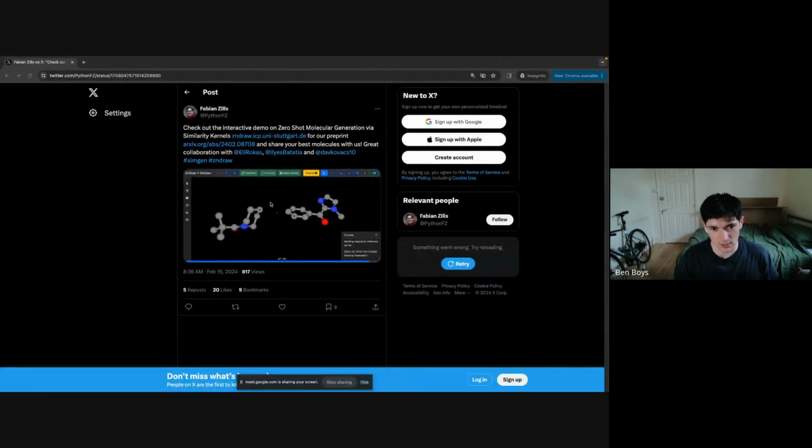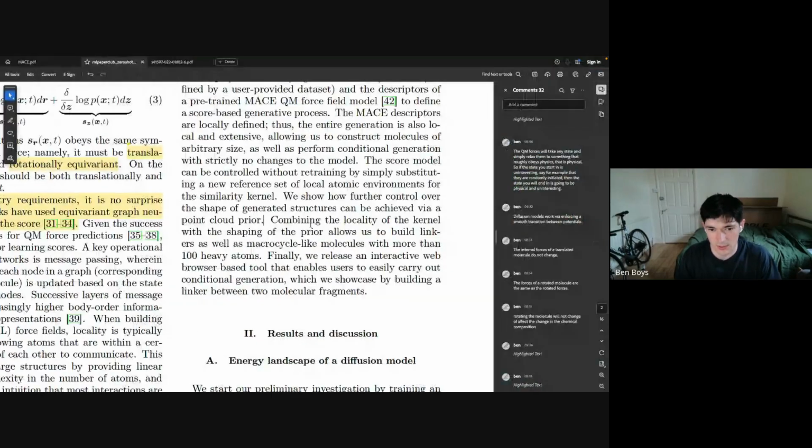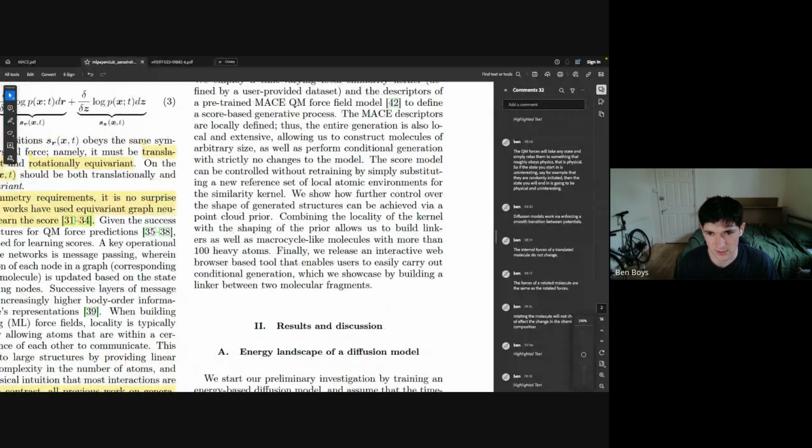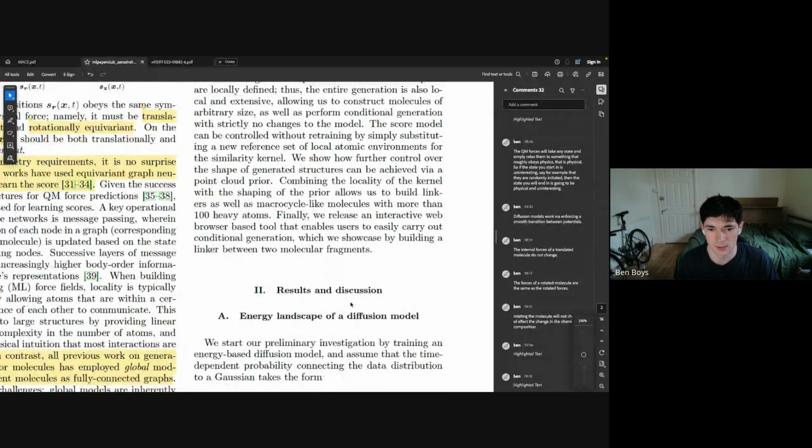So we're going to make a point cloud bridging the gap between these two, and that allows for good design of different molecules. And so that's clearly the application that they have in mind when doing this method of a similarity kernel.